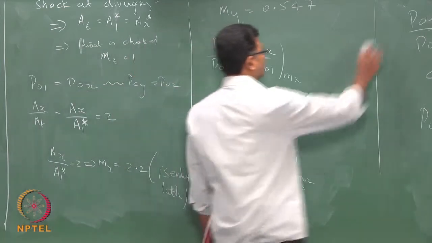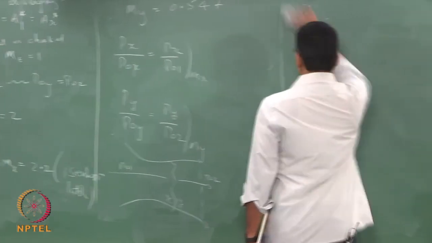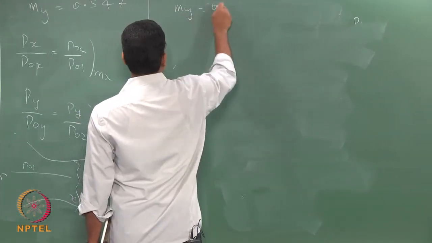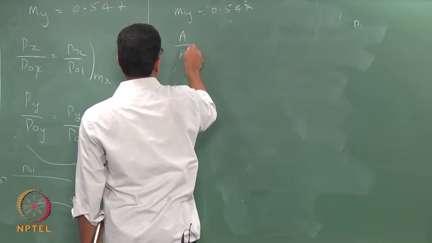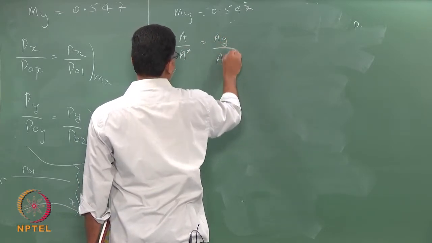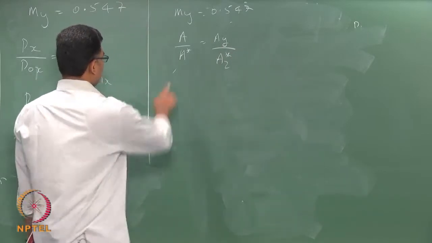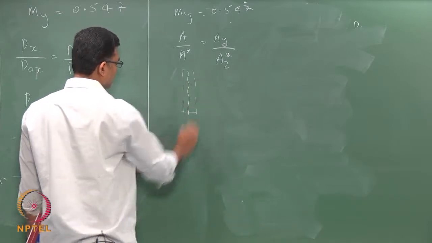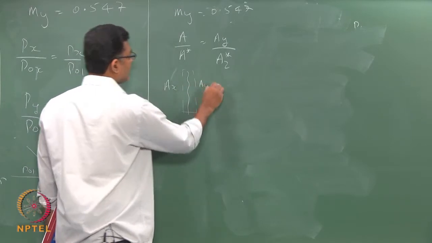Second information, I can get Ay by A star after the shock. I have My equals 0.547, which implies My A by A star associated with this is Ay by A2 star. But in the shock derivation, we have taken the control volume around the shock and we have assumed Ax equals Ay.